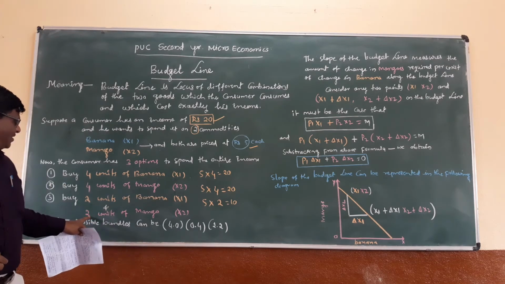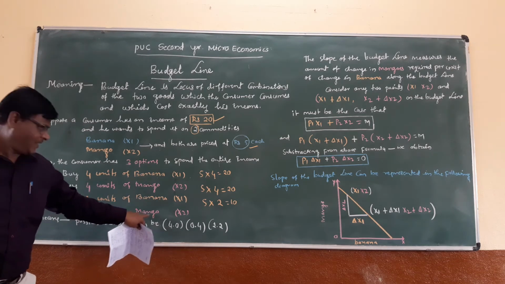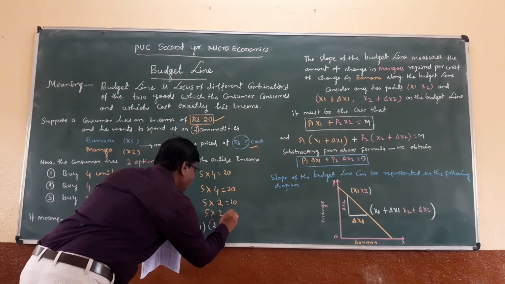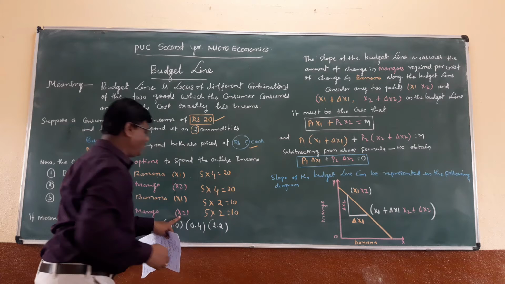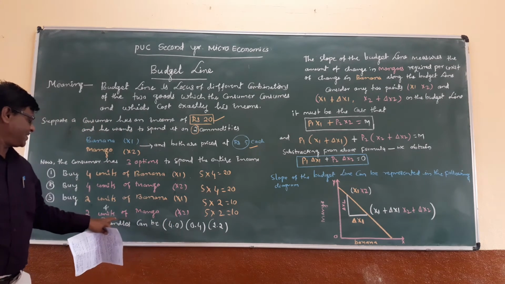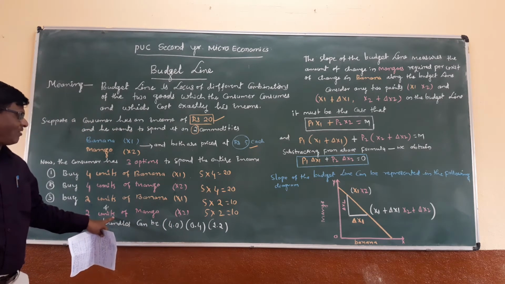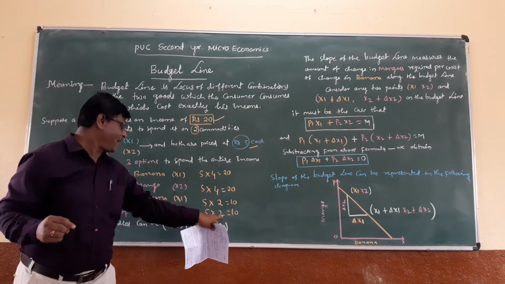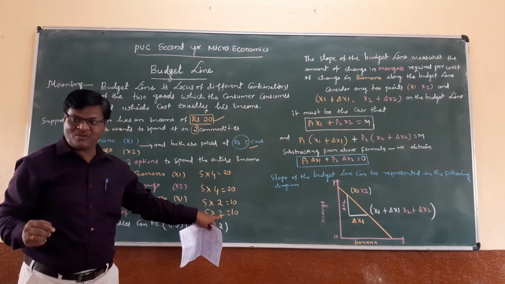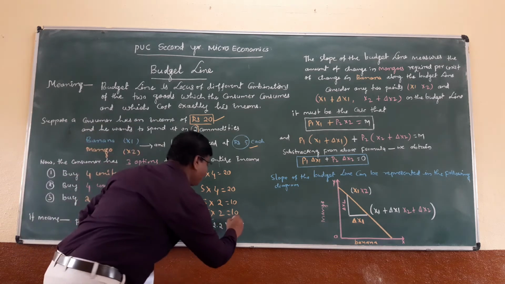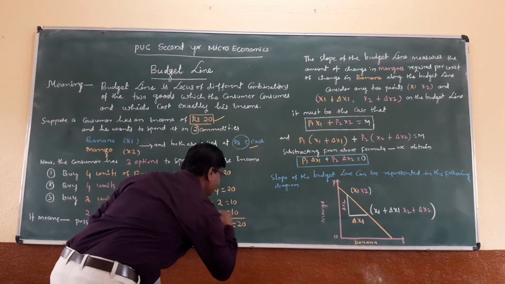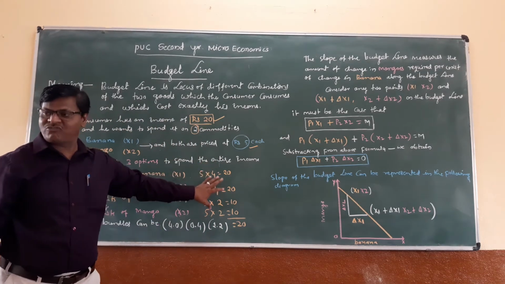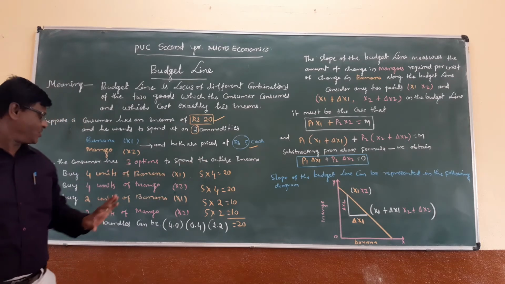And 2 units of mango, that is X2. The mango's price is 5 rupees per unit, 2 units of mango, 5 into 2 is equal to 10. 10 plus 10 is equal to 20. The consumer can choose this offer.